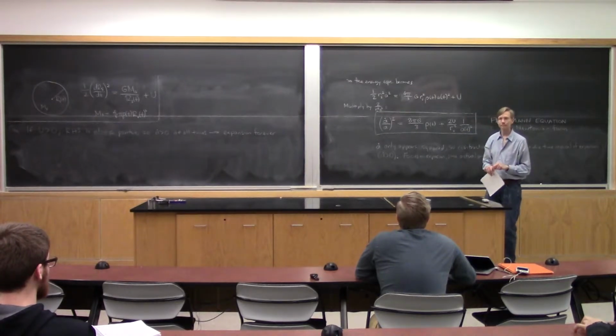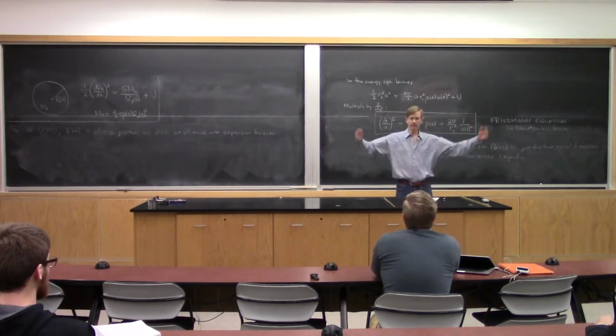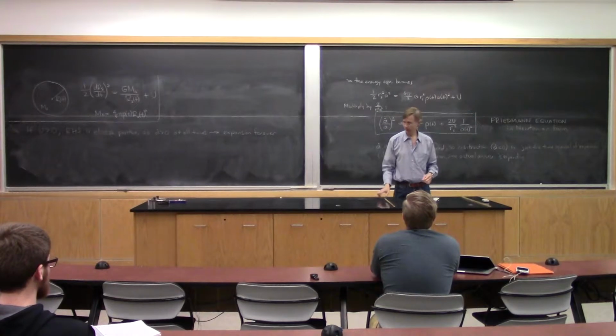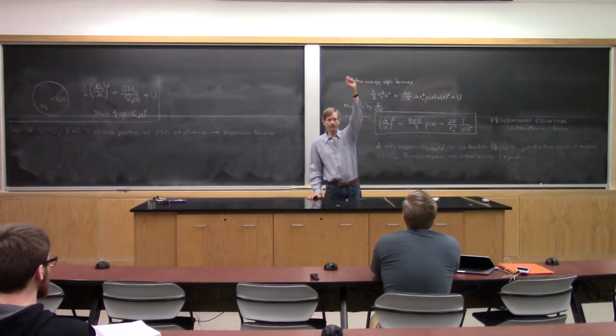Would a dot over a equals 0, would that be when it's back to a point? No, that's when it has reached its maximum size. Because that says a dot is equal to 0, so it says that the radius is no longer increasing. So it's like if I throw this chalk up in the air, then its height, y, increases to some maximum height, and when it's at its maximum height, y is at its largest value, but y dot, the derivative of y, is equal to 0 at that moment.